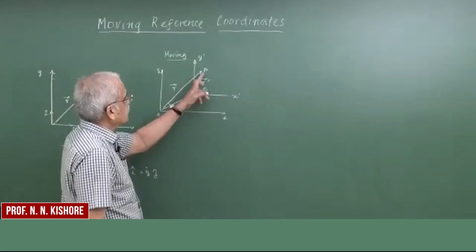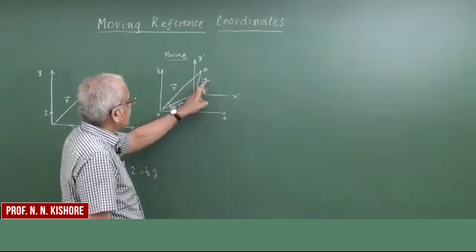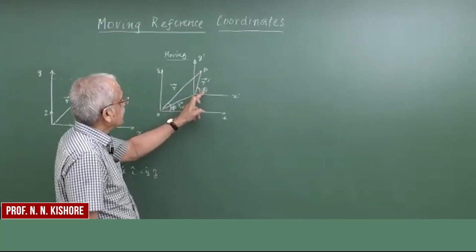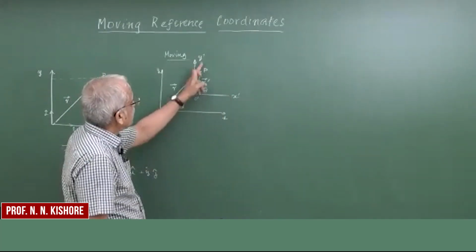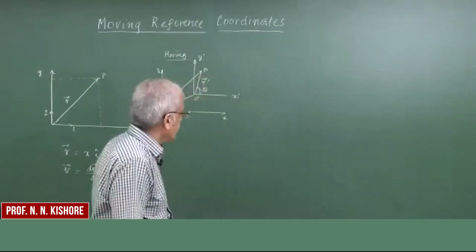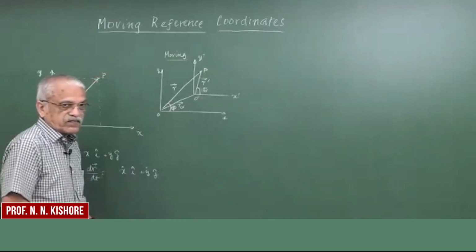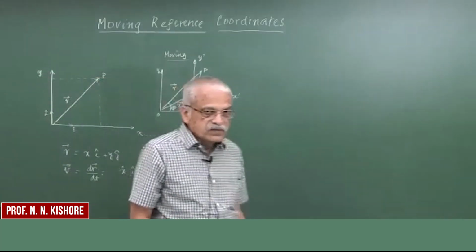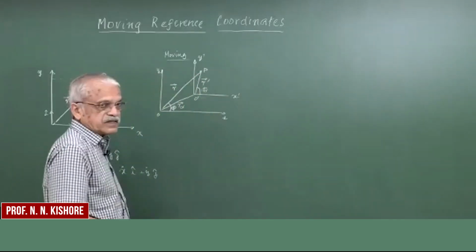While it comes to this description of the particle P with respect to the x prime y prime axis, we say that this point P is along a line which is at an angle of theta with respect to x prime, and it is moving along this line, as well as that line itself is rotating. So this is to bring in another frame of reference. This frame of reference can have two types of fundamental motions which combinedly give a general motion.